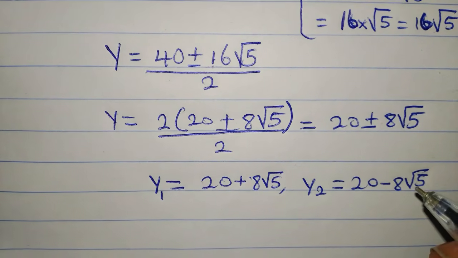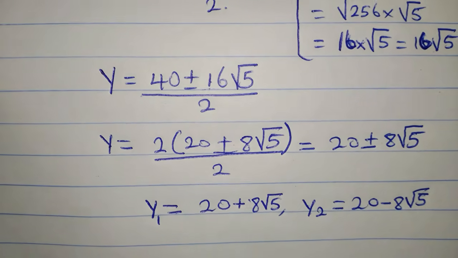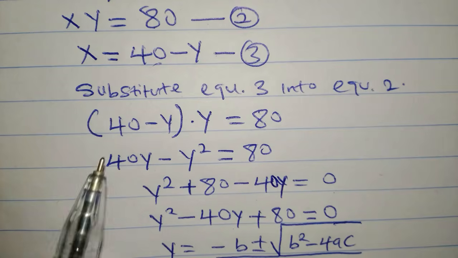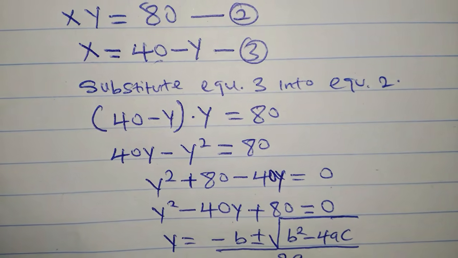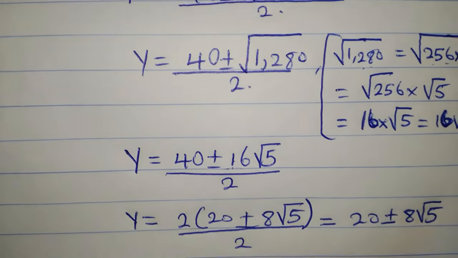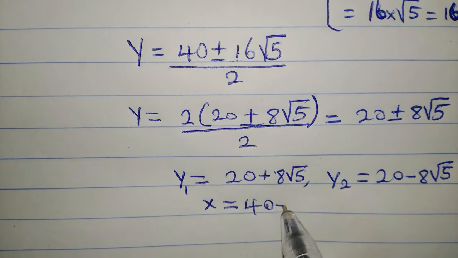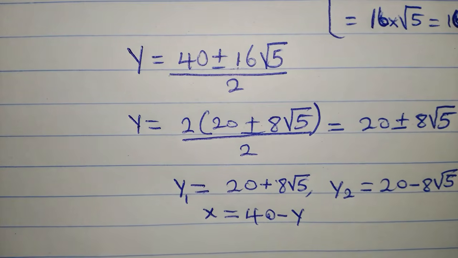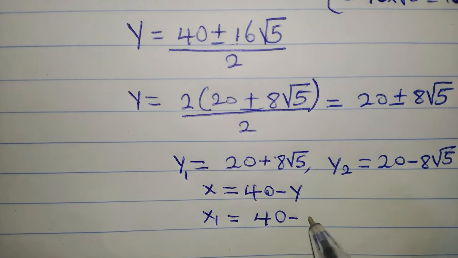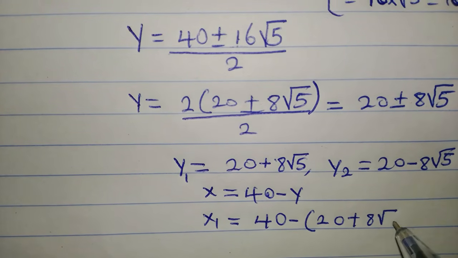Okay, so if you go back to what we solved, remember we said, what is the value for x? We said x is equal to 40 minus y. If x is equal to 40 minus y, therefore our x1 is equal to 40 minus open bracket 20 plus 8 root 5.